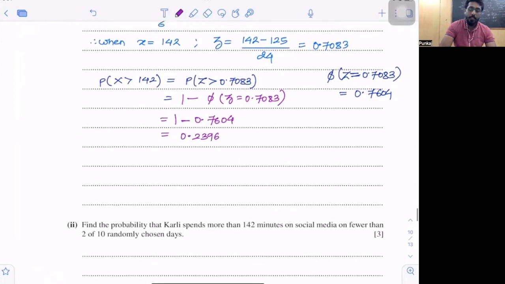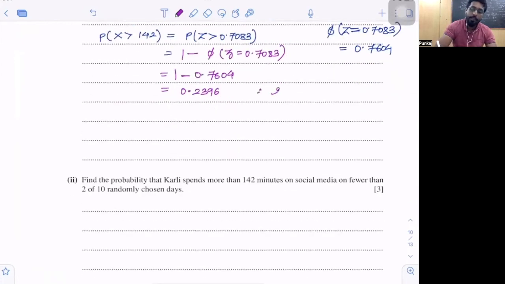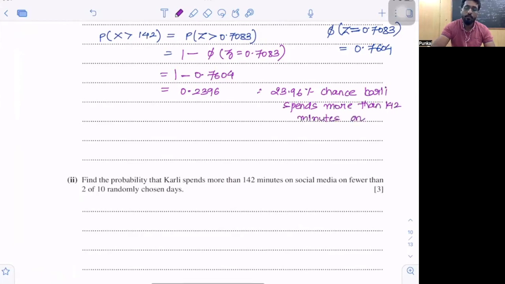0.2396, right? So that means I can say there is a 23.96% chance Carlyle spends more than 142 minutes on social media.